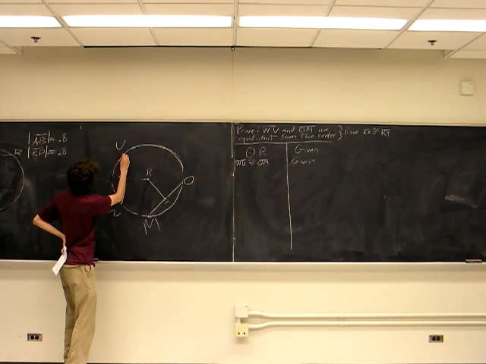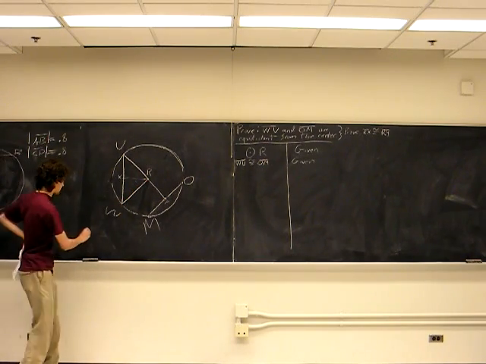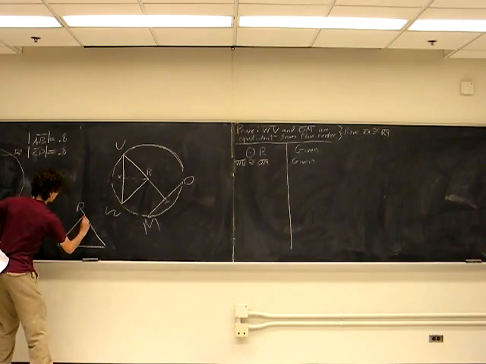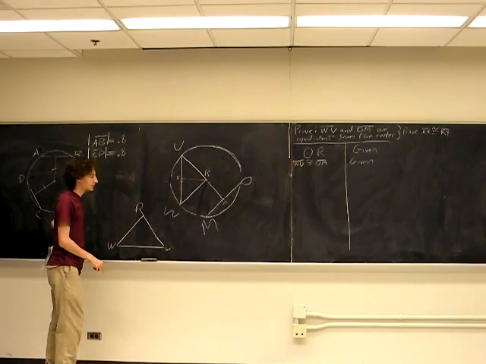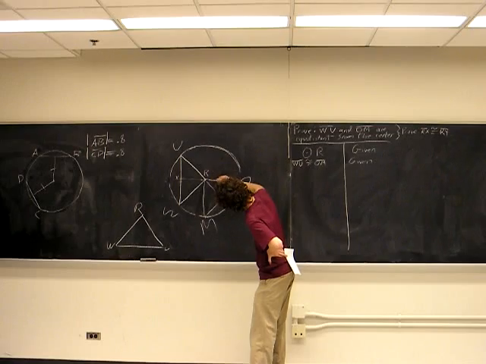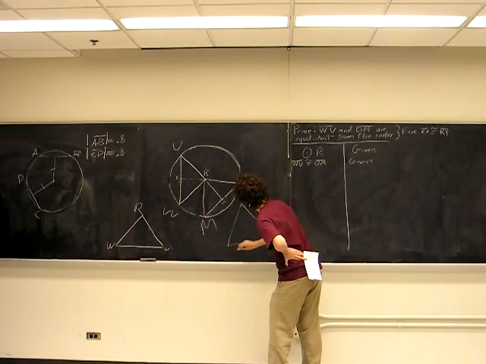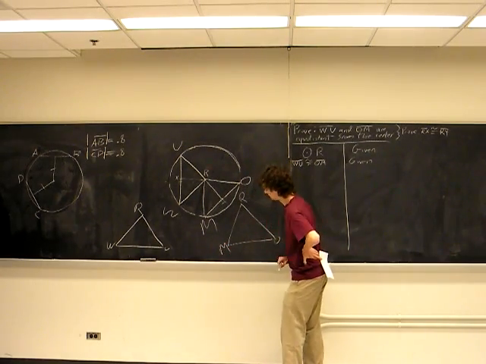For instance, this triangle, triangle RWU. And while we're at it, we'll do this triangle, triangle RMO.